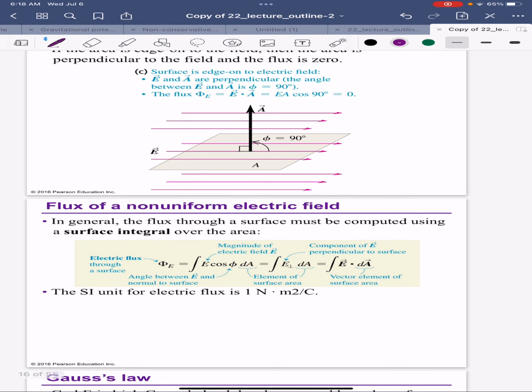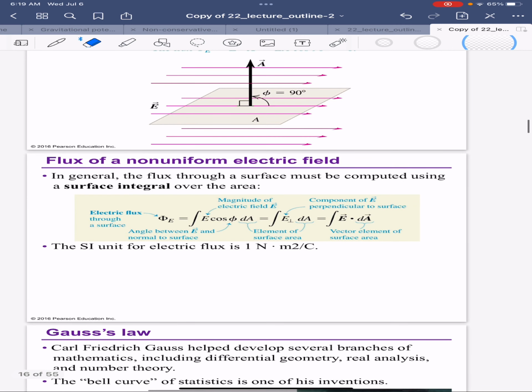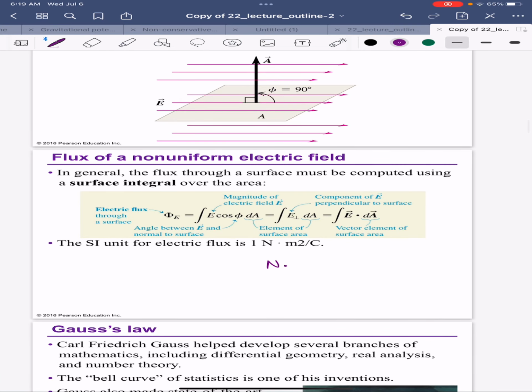I just take the component of E that is perpendicular to the surface, find the vector element of surface area dA, multiply it by E, and then integrate. The unit for the electric flux is newtons times meters squared. Let me write it as newton times meters squared divided by coulomb.